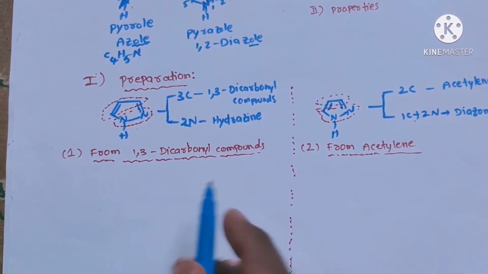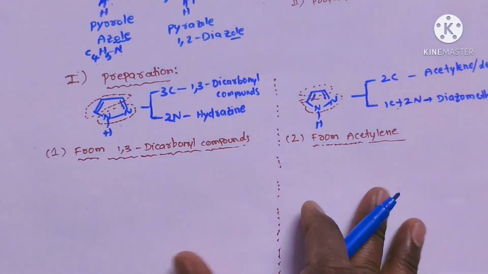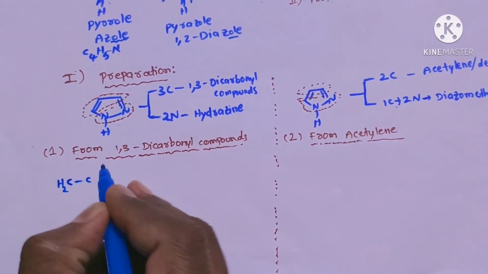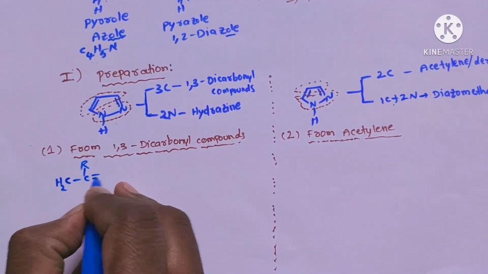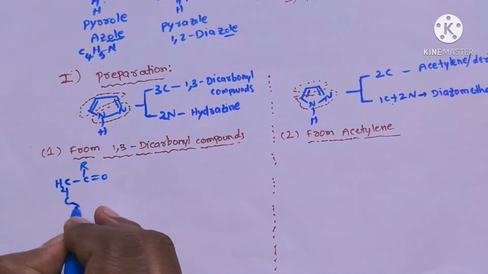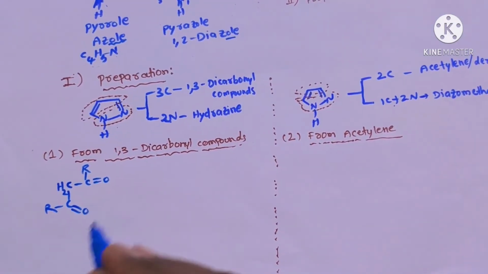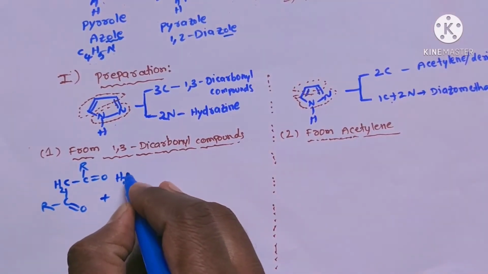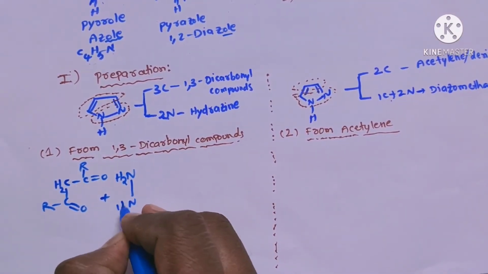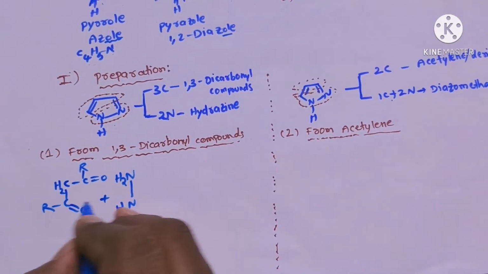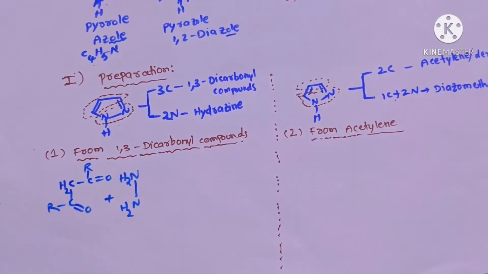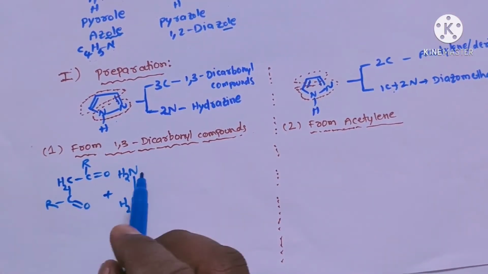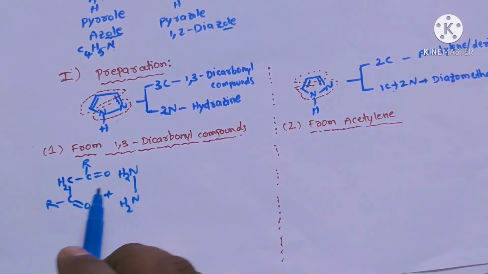First of all we go for this method. We have to take the 1,3-dicarbonyl compound. Look here. Next we have to take the hydrazine. We know very well that carbonyl compounds undergo condensation with nitrogen or ammonia derivatives.